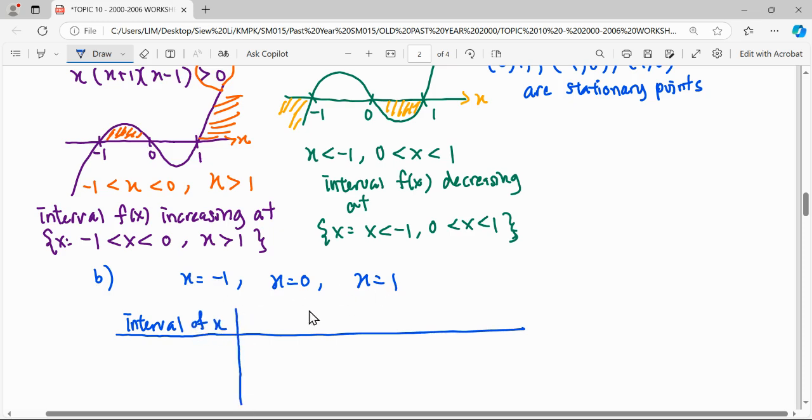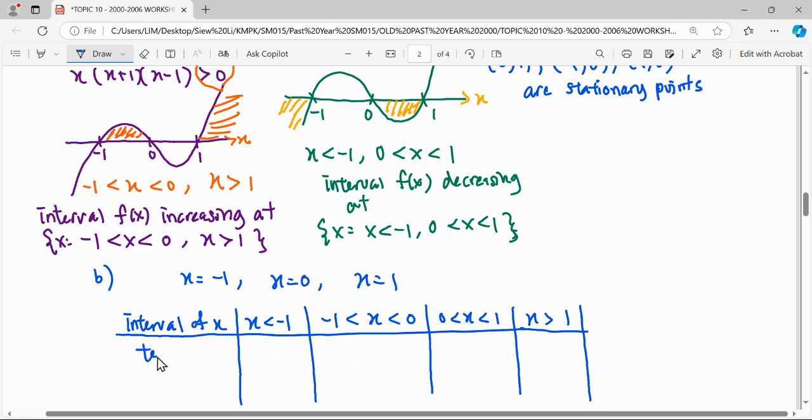So in our table, the intervals are arranged with x in order: less than -1, then between -1 and 0, then between 0 and 1, and then x more than 1.